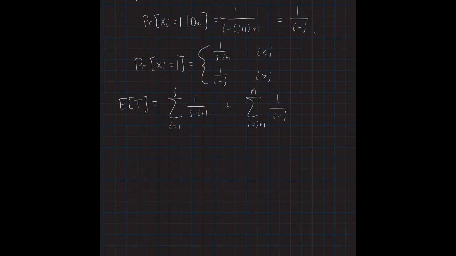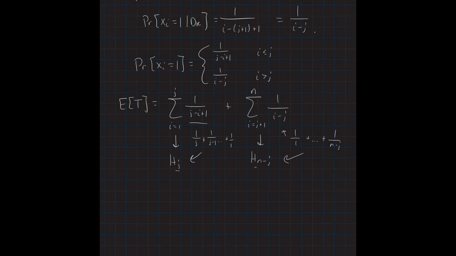Now if you break down these two sums, it'll turn out that this one is exactly hj, and this one is hn minus j. So you can see that by plugging in values. So if you plug in I equals 1 here, you'll get 1 over j, and then you'll get 1 over j minus 1 as the next term, and it'll keep going till you get to 1 over 1. So this is exactly hj. And similarly, this one will start at 1 over 1 and keep going until we get to 1 over n minus j, which again is this.